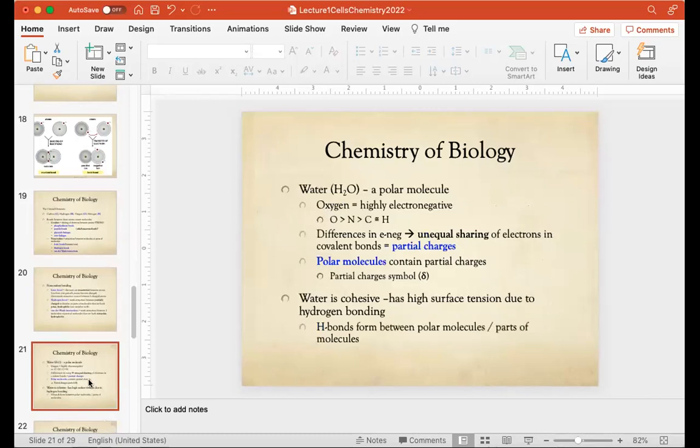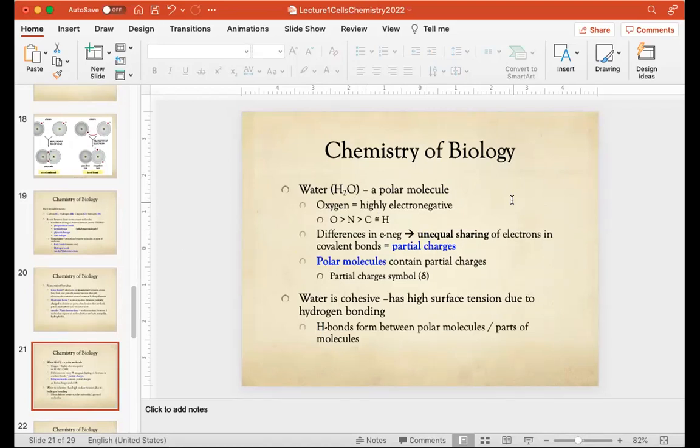Okay, so water, H2O. Water is what we call a polar molecule. Now, what makes it polar? Polar things have partial charges in them. Water is not charged. It doesn't have a plus or a minus on it. But inside the molecule, there are regions that are more negative and regions that are more positive.